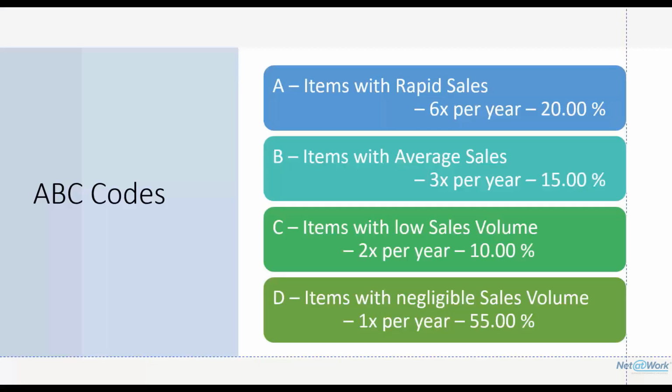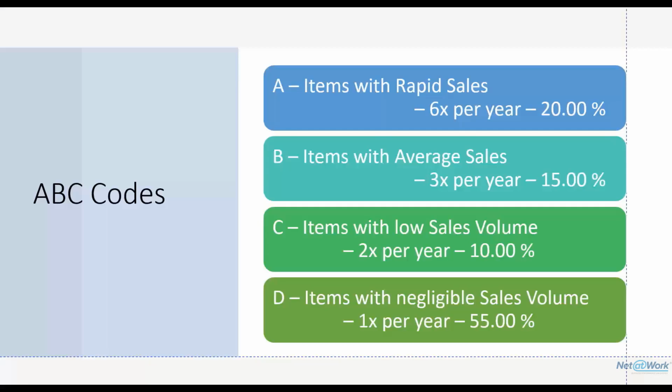Another version of ABC codes that I've seen is doing your codes by inventory value. So you measure your top 20% of inventory by value, and that's your A code, where you want to count more frequently.